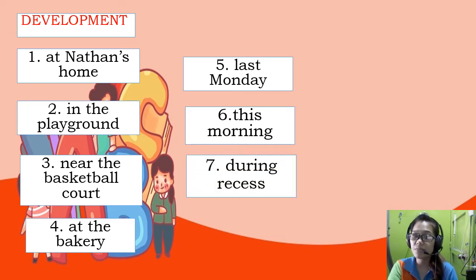Your answer must be during recess. Last Monday, this morning, and during recess are all examples of adverbs of time. Okay, correct. Next, number 8. How did Peter eat pancit chami at Nathan's house?